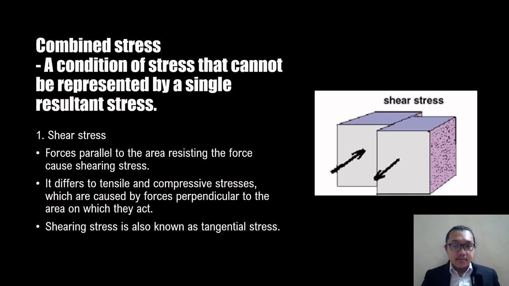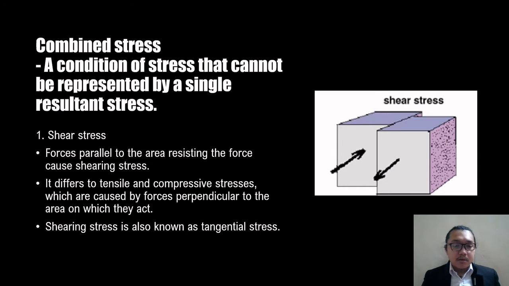Next, I will talk about combined stress. A combined stress is a condition of stress that cannot be represented by a single resultant stress. One of the combined stresses is shear stress.